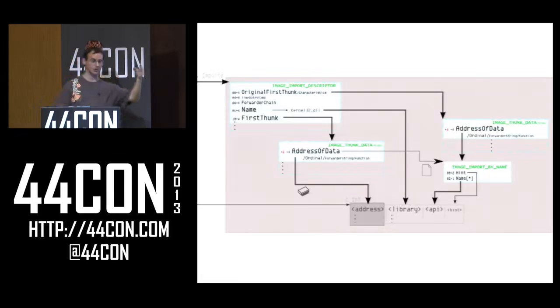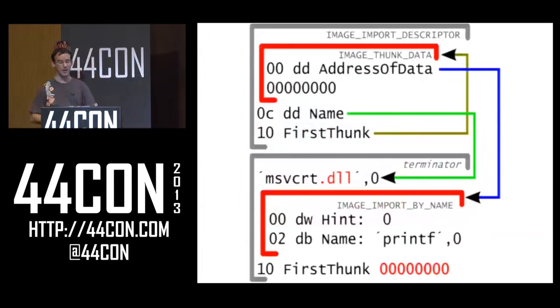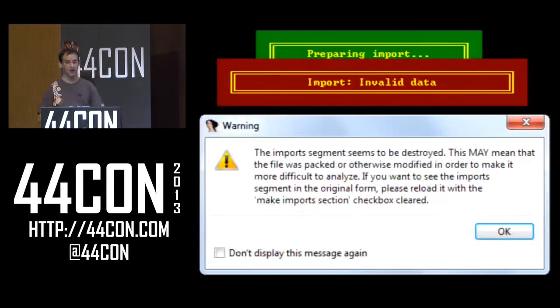So this should be the descriptor, and then the two lists should be independent. Of course, you can merge all of them together in the same structure pointing to each other, and this gets a funny result. IDA didn't like it, nor Hugh. At the time, it was breaking all the parsers and all the tools because they didn't think the table was valid at all.